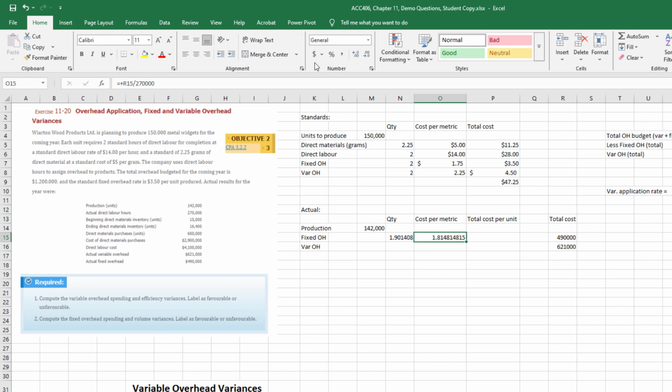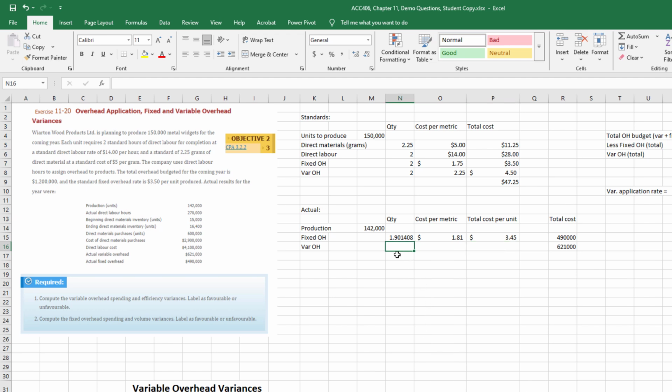So the actual application rate is 1.81 with a bunch of decimal places. So the total cost per unit, multiplying the direct labor hour quantity by the application rate, is going to be $3.45.